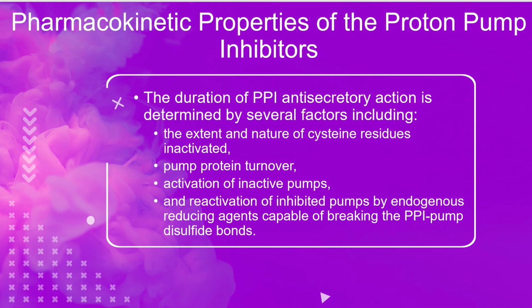All right, so continuing on the pharmacokinetic properties of the PPIs, the duration of PPI anti-secretory action is determined by several factors such as the extent and nature of cysteine residue inactivated, the pump protein turnover, the activation of inactive pumps, and reactivation of inhibited pumps by endogenous reducing agents capable of breaking the disulfide bond that was formed, which we said was irreversible, right?